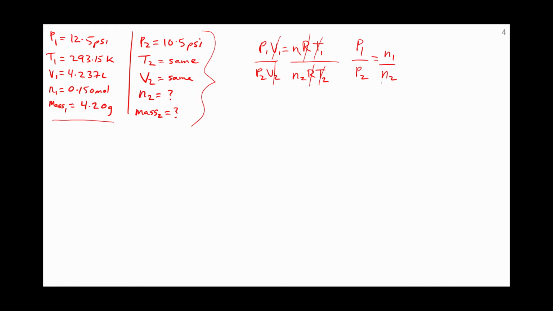In our case, the unknown is n2, so you can rearrange for n2 by doing a little bit of cross multiplication. Now you can use this formula to get the number of moles of nitrogen gas in the Deflategate situation, and then from that you can get the mass of the gas altogether. So let's give that a try.